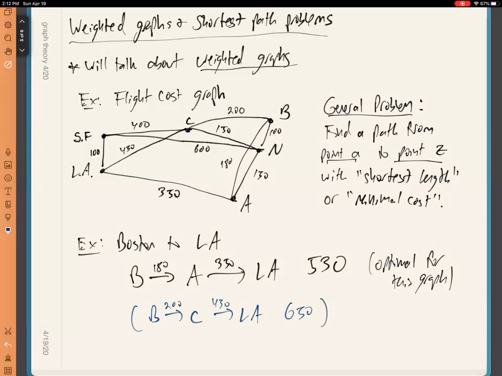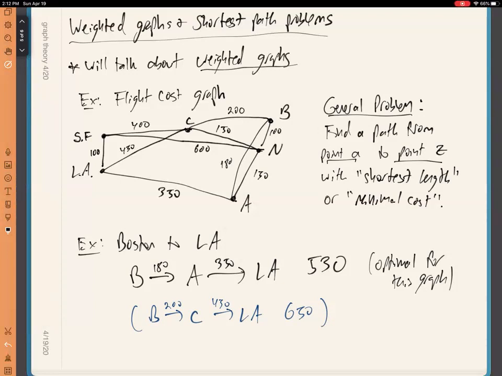And there are a few other options you can try, and unless I made a mistake here, you can check that they're all going to be larger than the first choice, right? And so, how did I actually solve this problem? Well, I just looked at the graph and enumerated the possibilities, and I saw by guess and check basically that the first option I picked is the optimal choice, right? So this is the optimal route according to the prices listed in this graph.